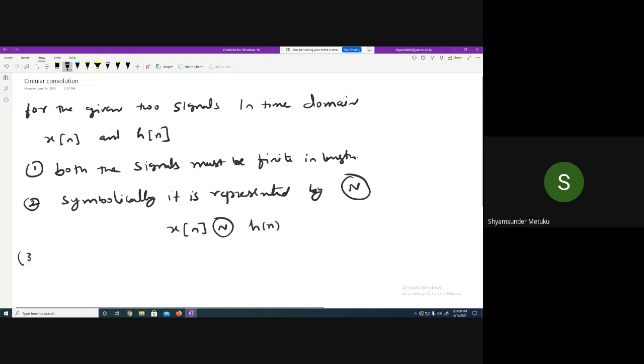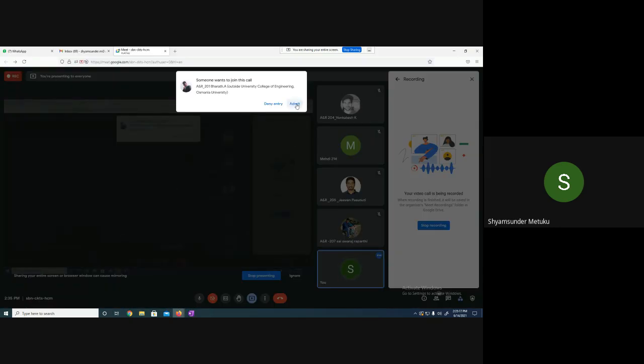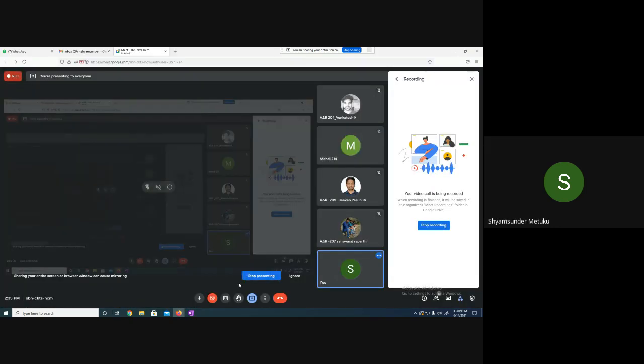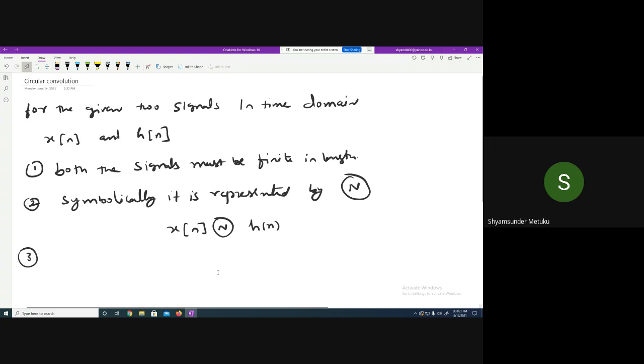The third point you must remember is that, unlike in linear convolution, there is no provision for the lengths of the two signals being same or different. Here the length of x of n and h of n must be the same. That is more important, which was not the case in linear convolution.